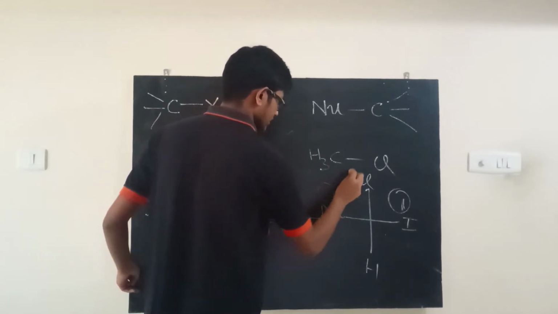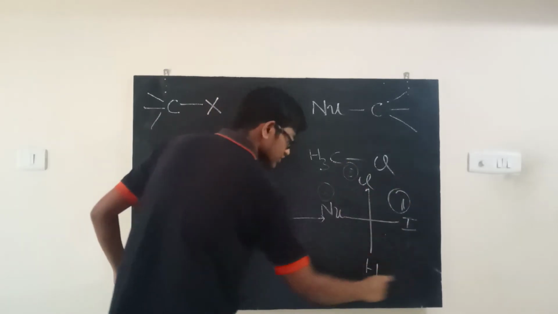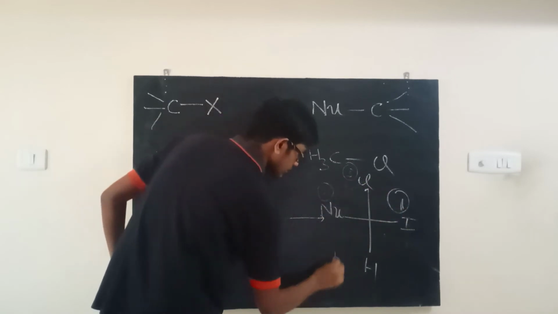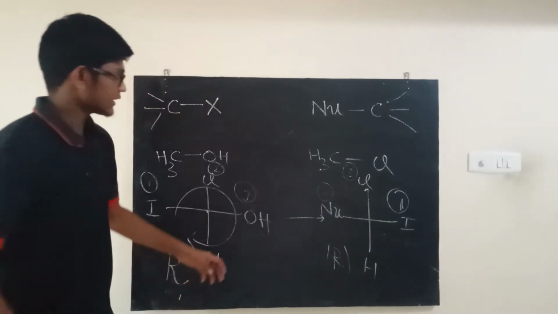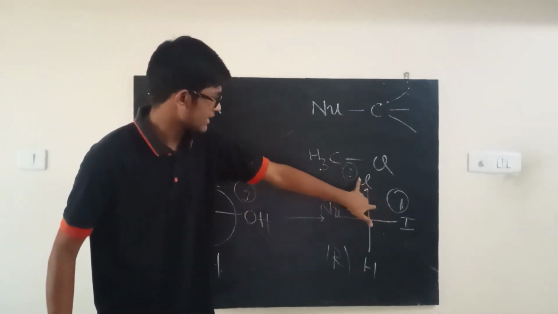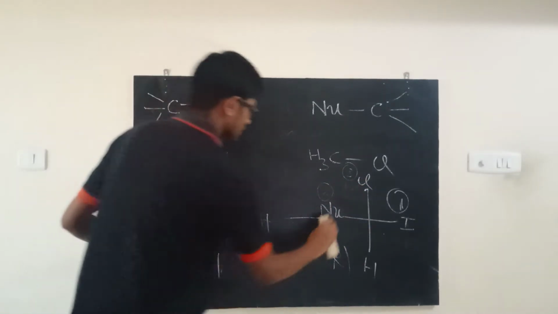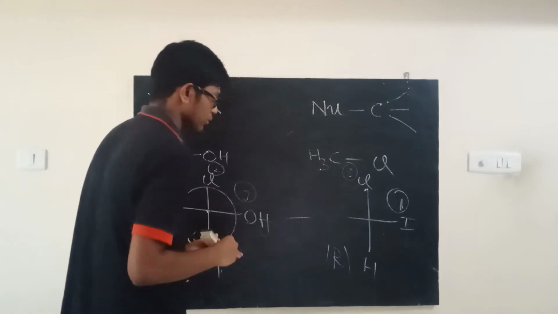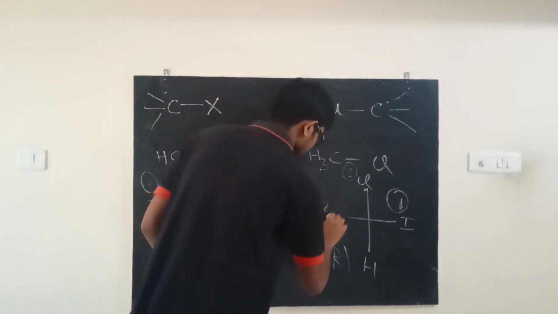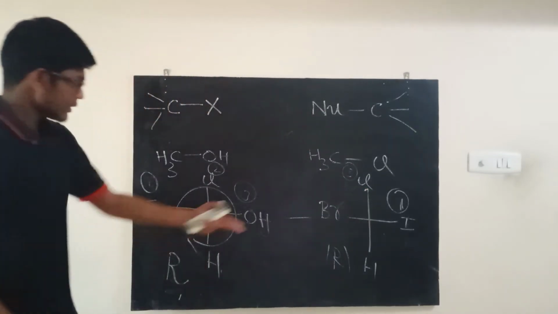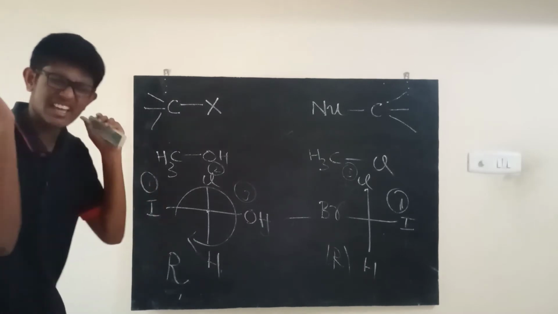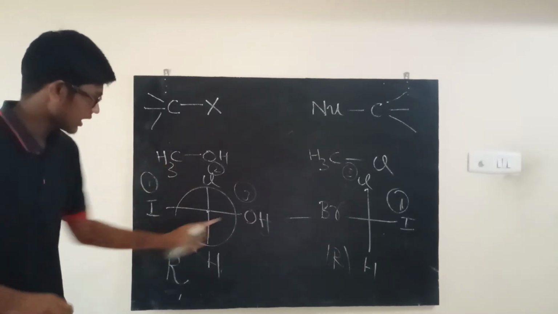So this has second priority and this has third priority. Then you're still going clockwise. So this will still be R. So can any of you guys think of something that has a priority in between iodine and chlorine? It's easy, right? It's bromine. So for example, bromine, when you're naming it, you'll see that bromine has intermediate priority between iodine and chlorine. So if bromine was the guy attacking, your stereochemistry is going to remain exactly the same, R.